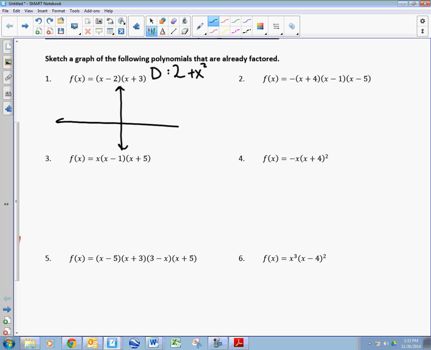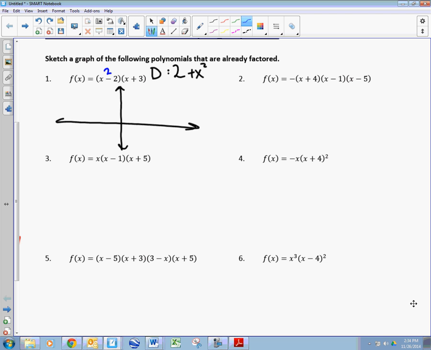Okay, so we're going to draw a little graph here. And in this unit, we're concerned about where it crosses the x-axis. That's our primary concern. So what I want to do is find, and I'm going to use some different words now, the solutions, or the roots, or the zeros, or the x-intercepts of the function. For example, what number would give you 0 here? 2.